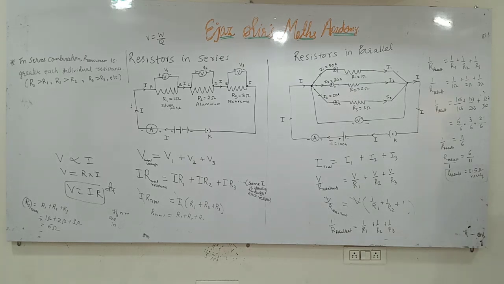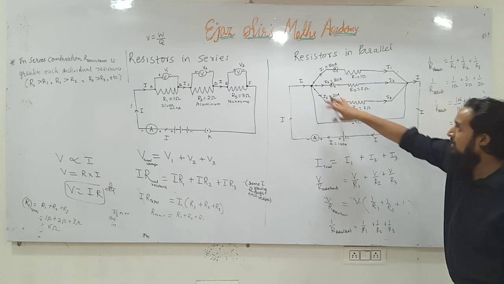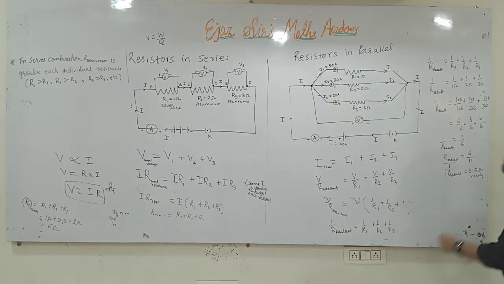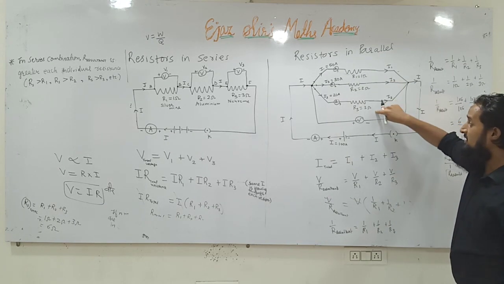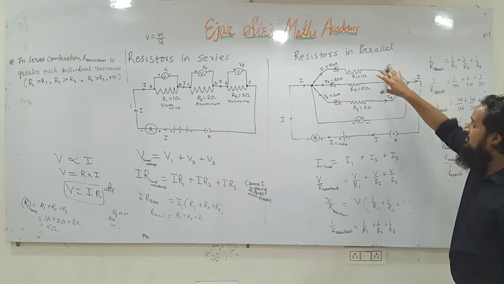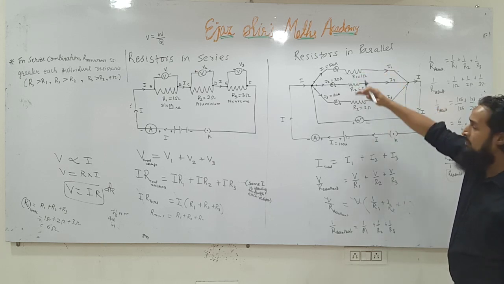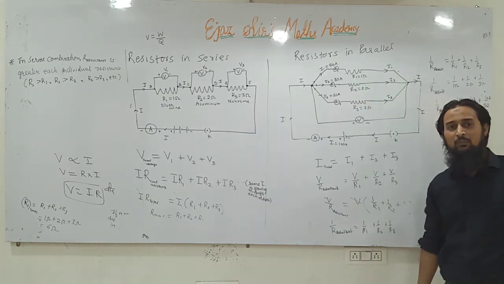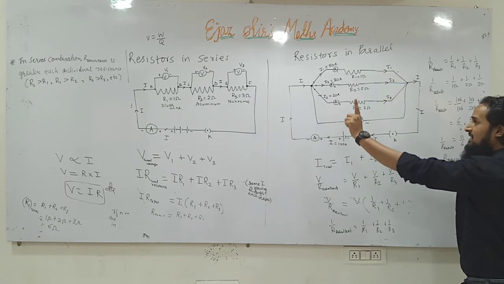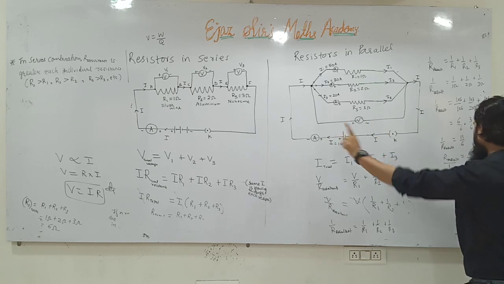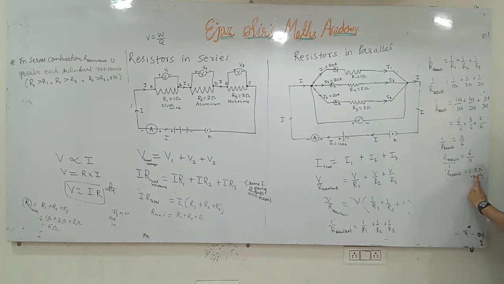Nearly 0.5 ohm means if resistors are connected in parallel, the total resistance of this parallel combination will be as if there is a single resistor. This is R1 1 ohm, R2 2 ohm, resistance number 3, 3 ohm. If three such resistors are connected in parallel, the result will be as if we have connected only one resistor which has a value 0.5 ohm.